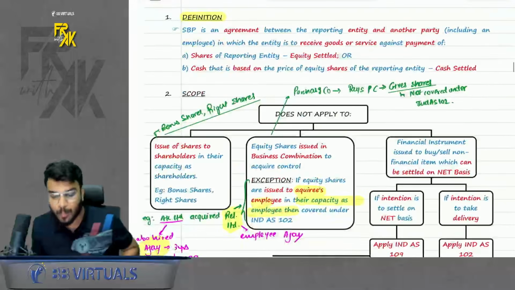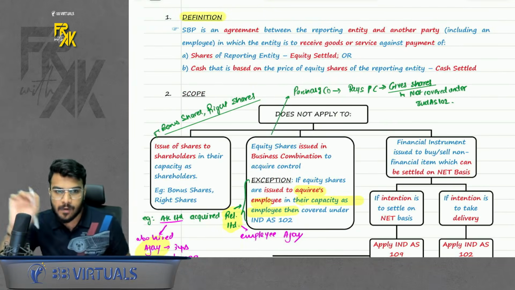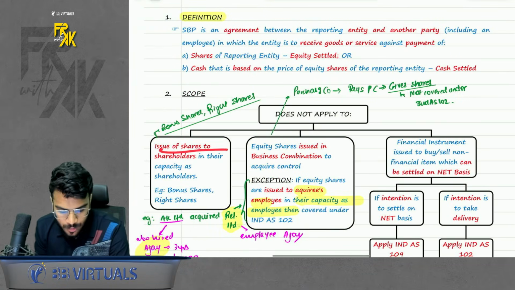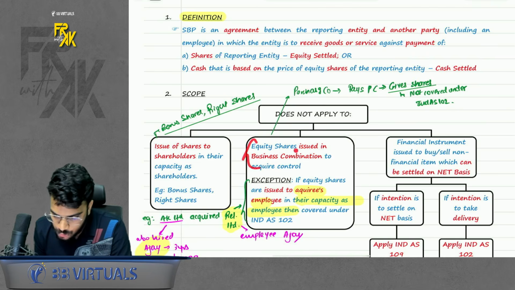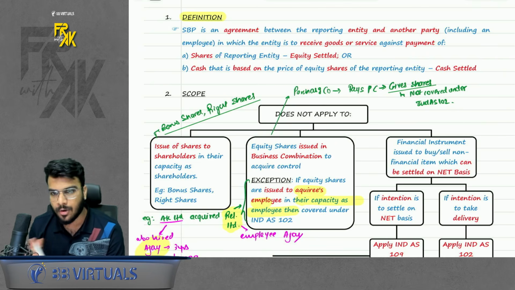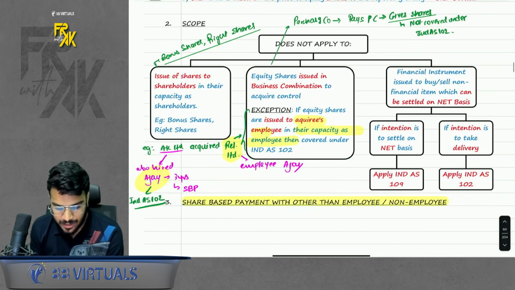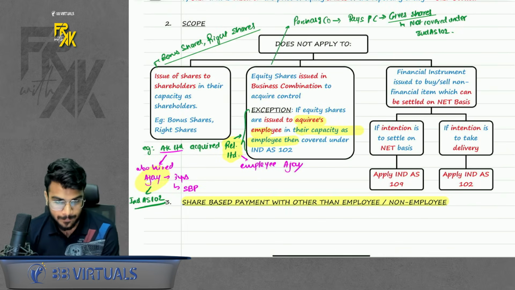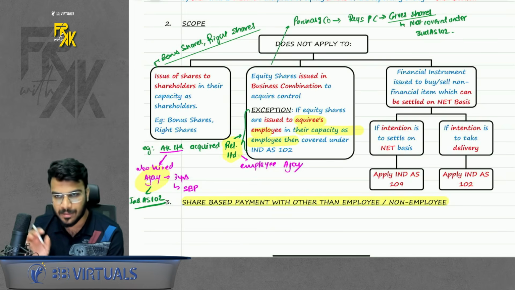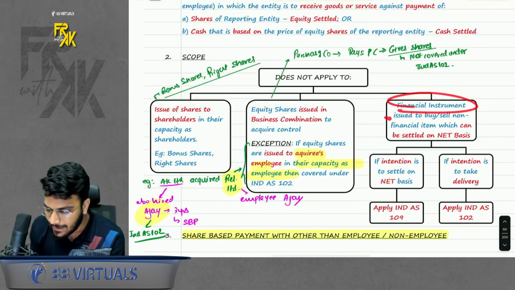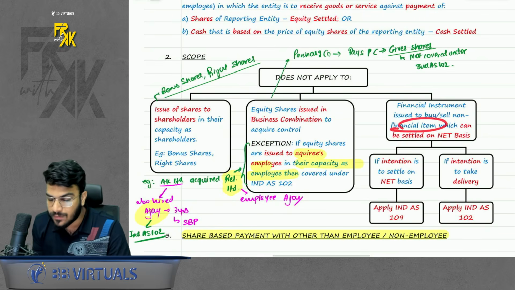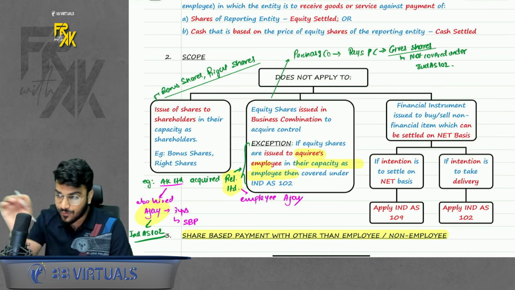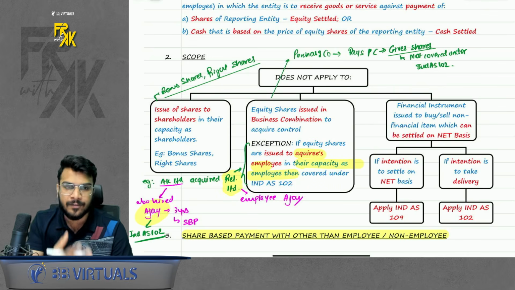Then the next point is scope. What is the meaning of scope? A few issues of shares are not covered here. For example, if you are issuing shares to your shareholders like bonus or rights shares, not covered here. If you are issuing shares as purchase consideration, not covered here. But if you are giving shares to the employee of the selling company for being in employment, then it will be share-based payment. Apart from that, if you are entering into a contract of exchange where you are exchanging a non-financial item with your shares, for example I'm going to buy an iPhone from you and in return I will give you my company shares.